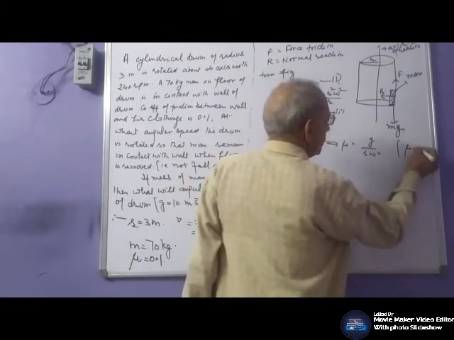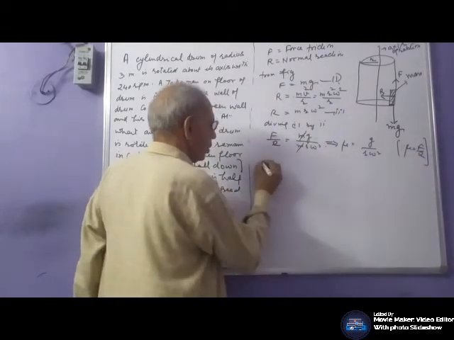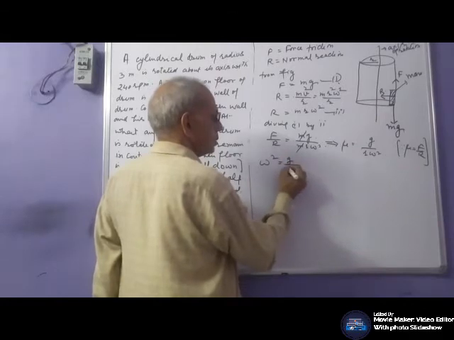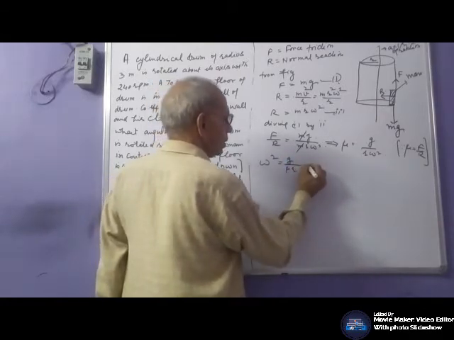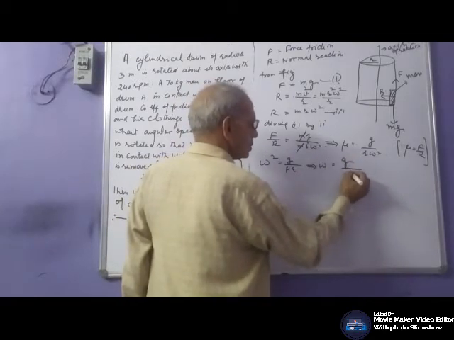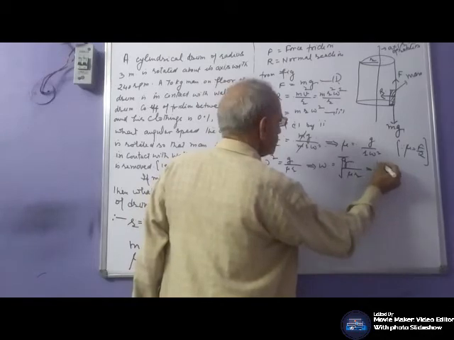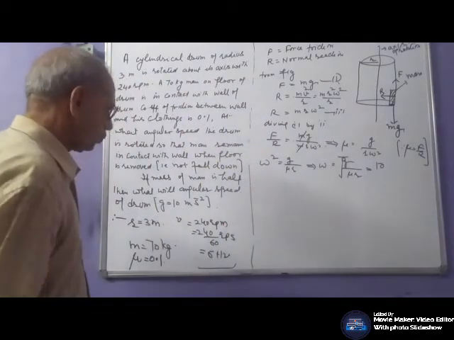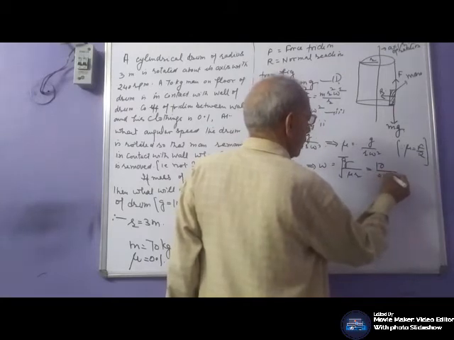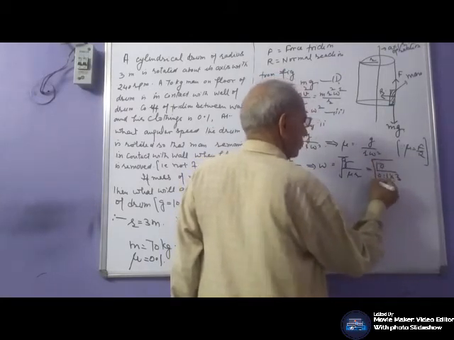Mu is F by R, so omega square is g by mu r, or omega is root of g by mu r. g is 10, mu is 0.1, r is 3, under the root.